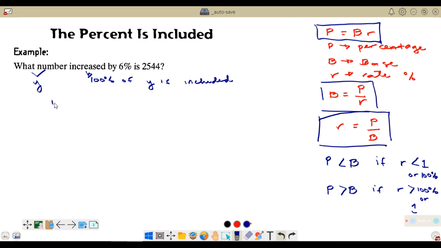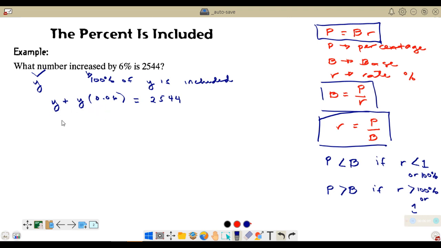So we have here y plus, since we increased by 6%, the 100% of y is still there. We have y times 6%, which is 0.06. And it is equal to 2,544.